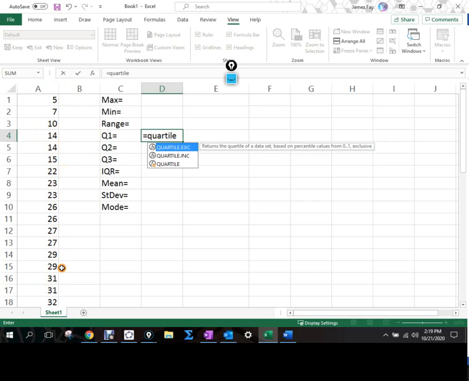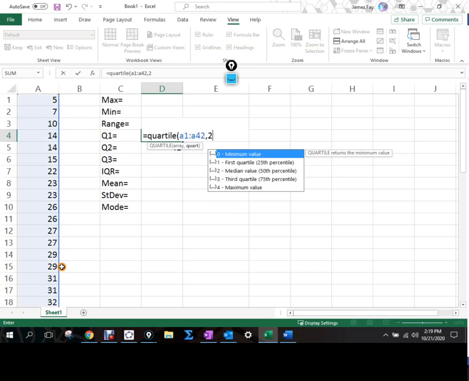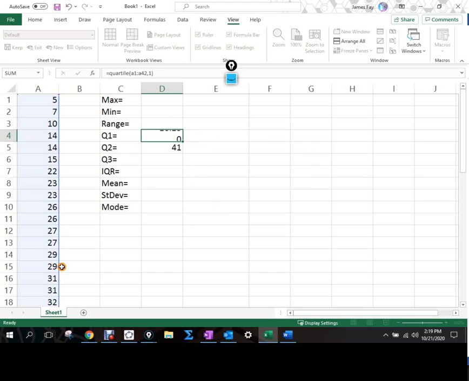It's when this is even that this happens, and I'll explain what Excel is doing here. If I say quartile of my array A1 through A42, and then put the comma 1, so that's the first quartile, it gives me that number right there.